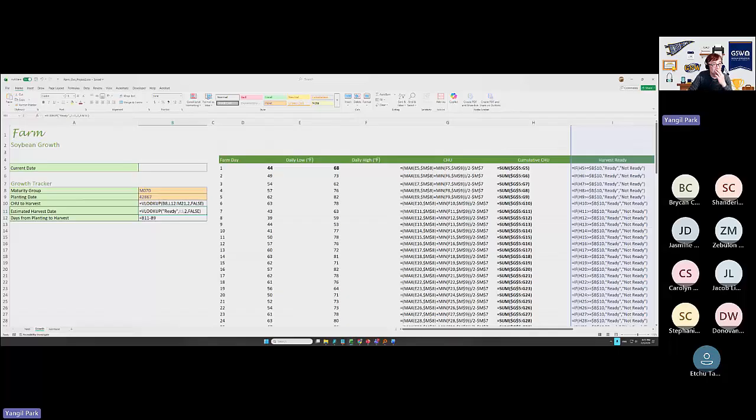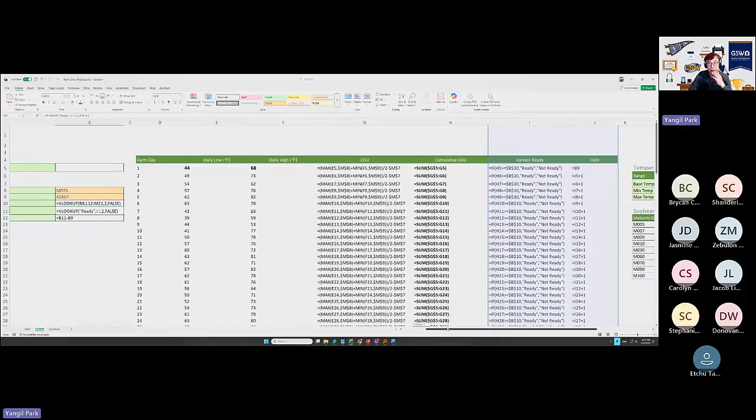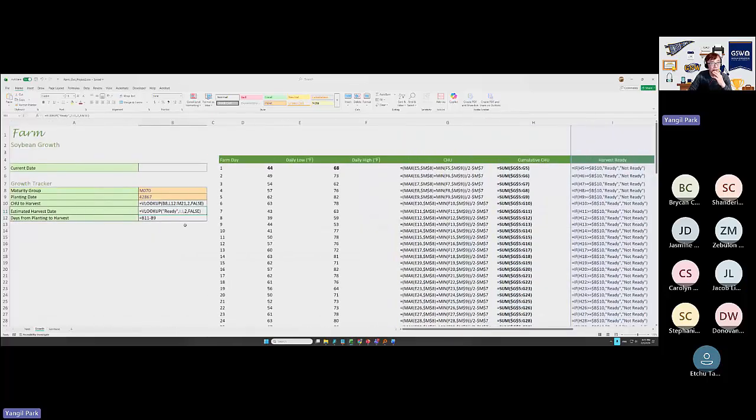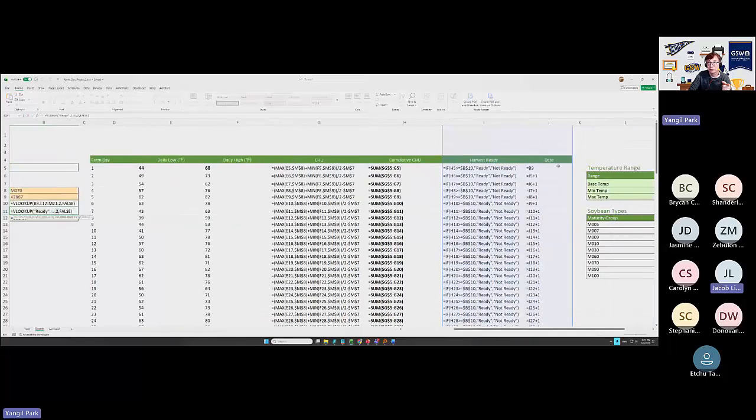I think this is a little interesting because now we figure out whether it's ready or not based on column I. As soon as this ready appears, that's when we show the date, which is located in column J. So that's what this VLOOKUP will do.